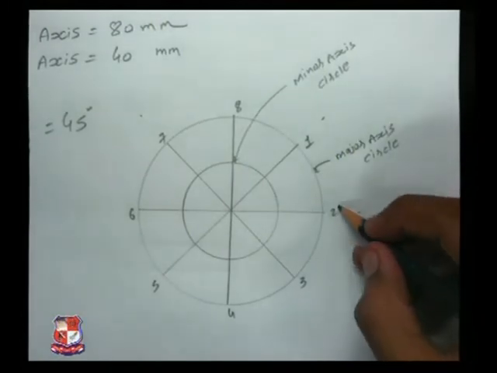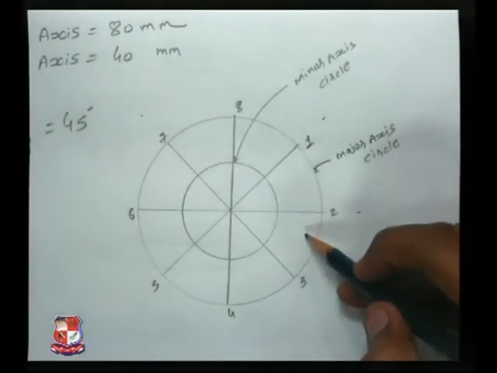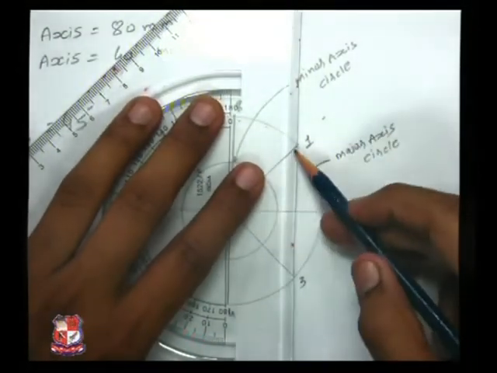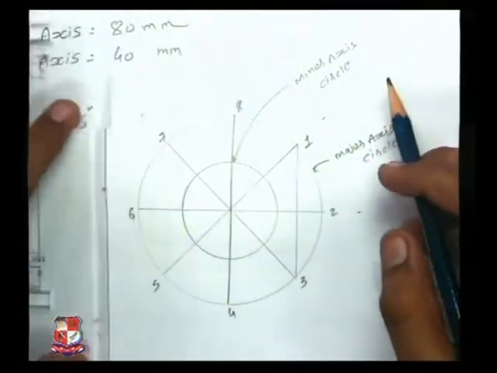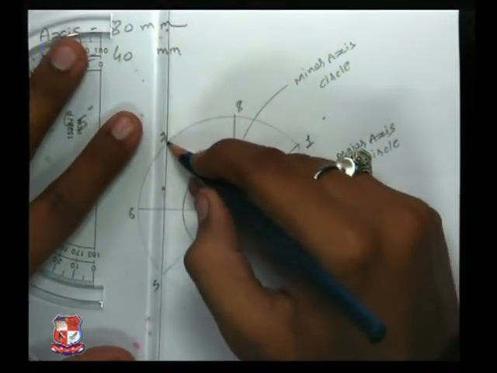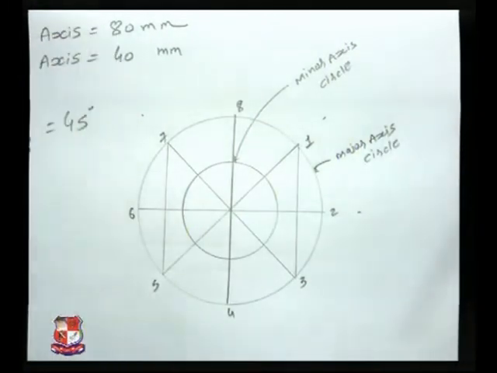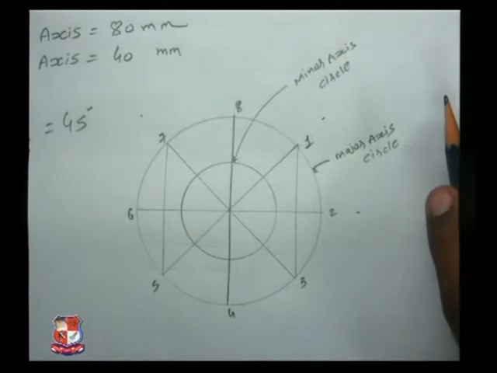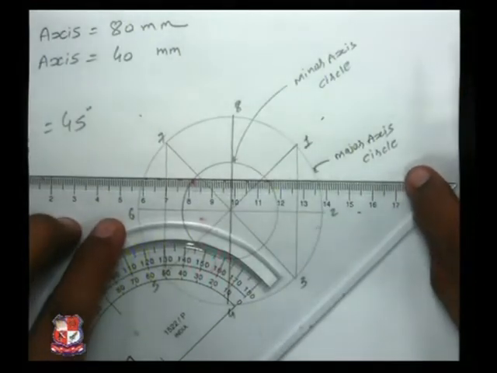From the major axis circle, from its division, I am going to draw vertical line. And from the minor axis circle, I am going to draw horizontal line.